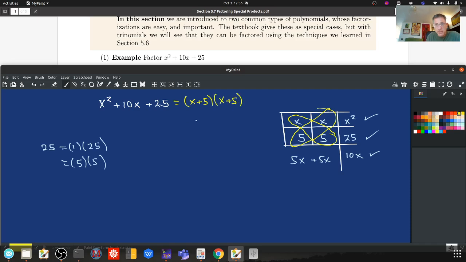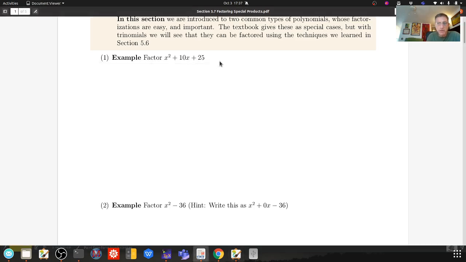But this is just the same factor multiplied by itself, so we commonly write that as x plus 5 squared. Because remember, b times b is equal to b squared, and in this case, this is some value b, and that's the exact same value b, so that's x plus 5 squared.